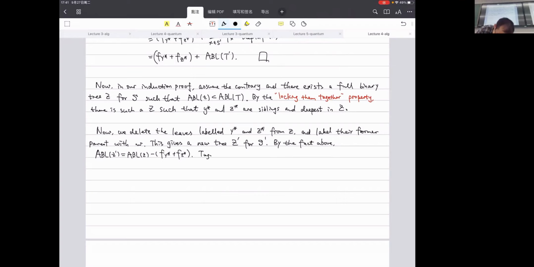So together with the ABL of Z being smaller than the ABL of T, we can get that the ABL of Z prime is smaller than the ABL of T prime. But this contradicts our induction assumption.